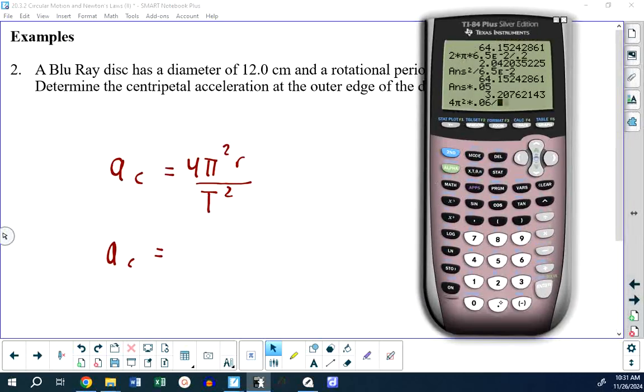Where did the 0.06 come from? Ethan, do you know? The radius. That 12 centimeters is the diameter. We need to divide it by 2 to get a radius. So I'm getting 237 meters per second squared.